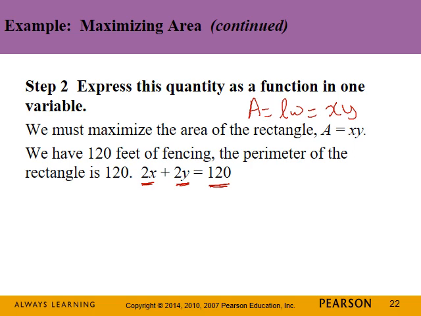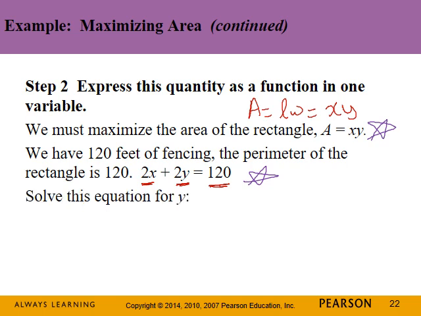So right now we have two separate equations. We have one right here, A equals xy, and we have one right here, 2x plus 2y equals 120. We have them in terms of x and y so that we can be consistent with our variables, because we're going to need to combine them in the following steps.